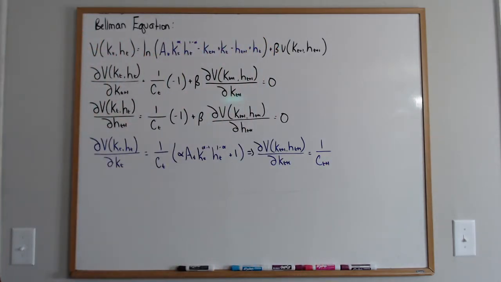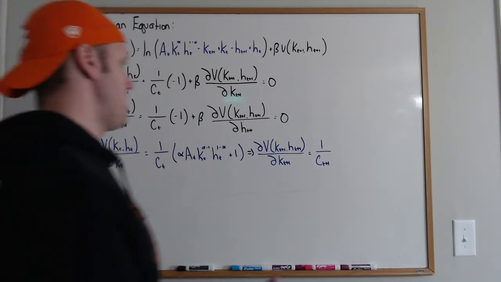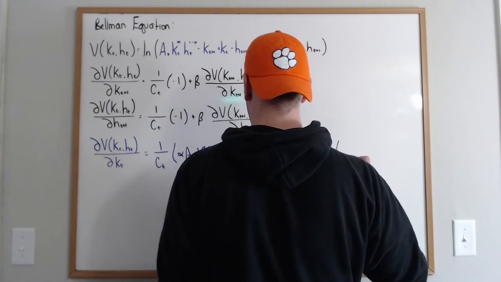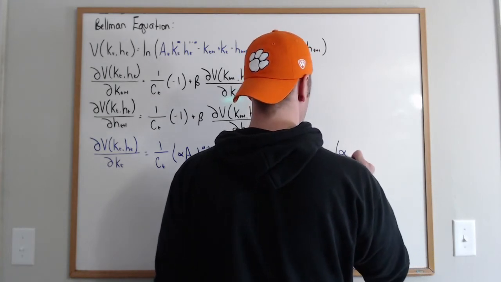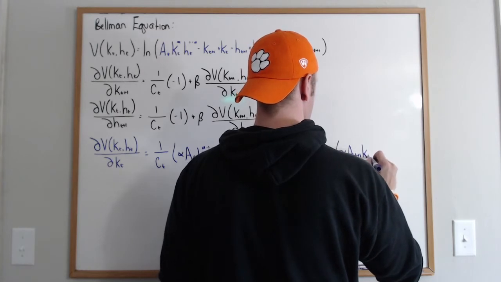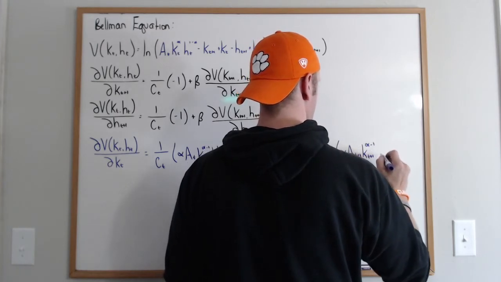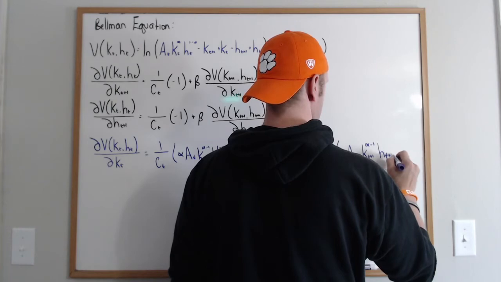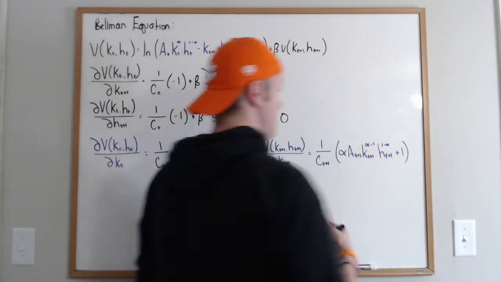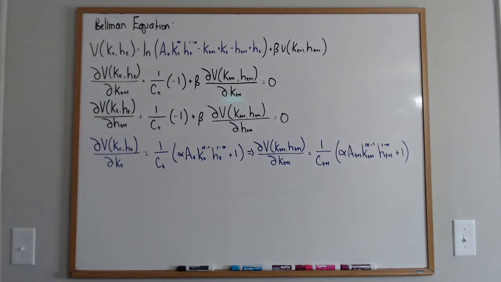So we get 1 over c_{t+1} times the marginal product of physical capital, alpha times A_{t+1} times k_{t+1} to the alpha minus 1 times h_{t+1} to the 1 minus alpha, plus 1. That's what we get.